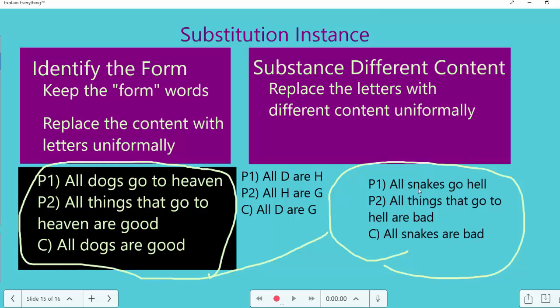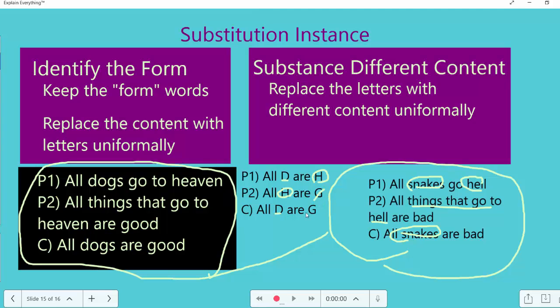And notice that wherever there was a D, I made sure to put snakes, right? Because that corresponds with this D and this D. And every place in which there was an H, I made sure to replace with hell or things that go to hell, since that's what is really being talked about. All right, so that corresponds with these H's.